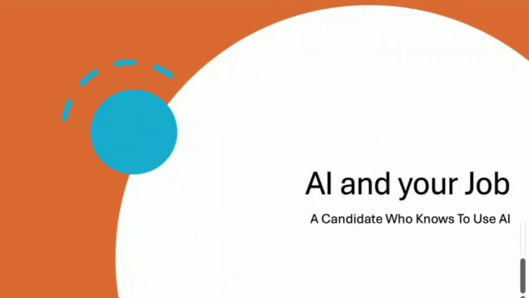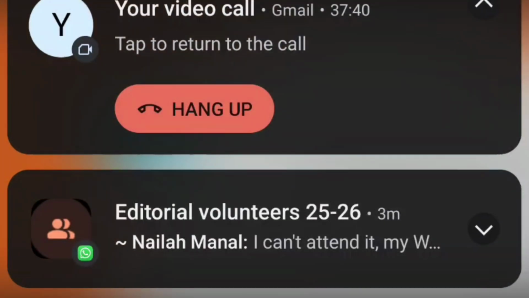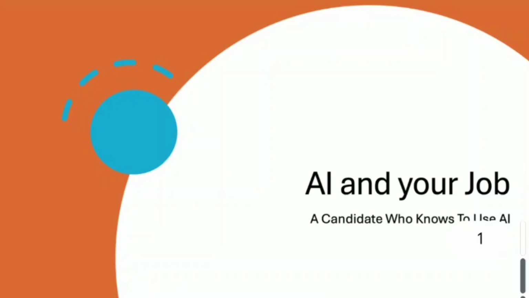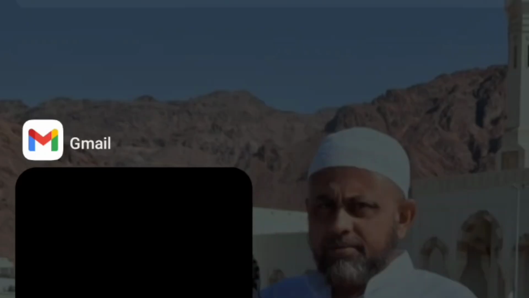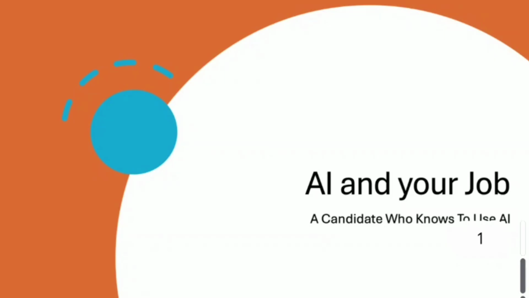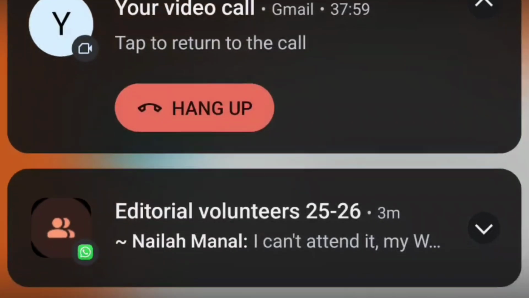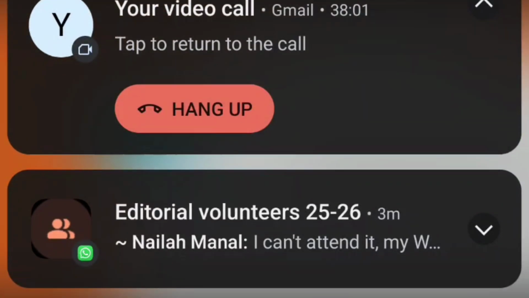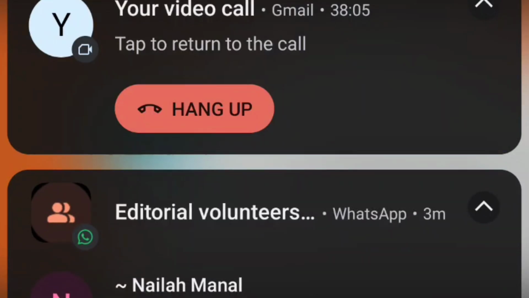But AI is not going to take away your job. Your job will be taken by a candidate who knows how to use AI. So you should be the one who knows how to use AI so that you don't lose your job to another candidate who knows how to use AI better.